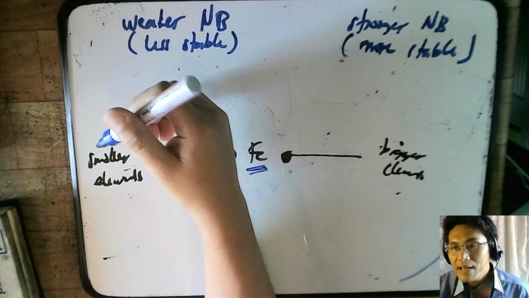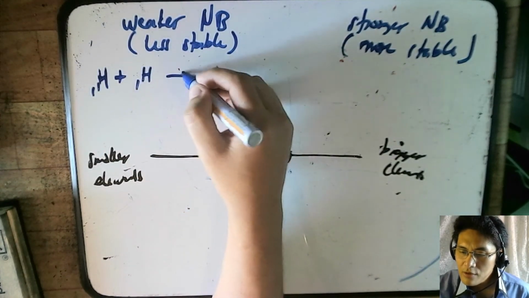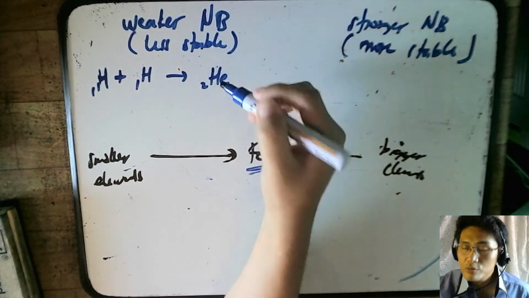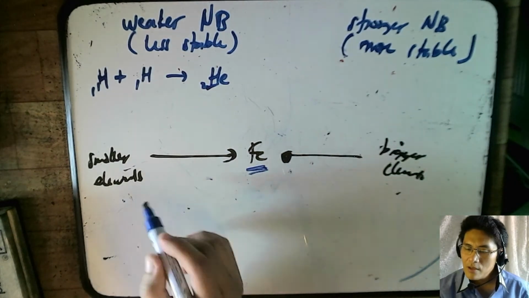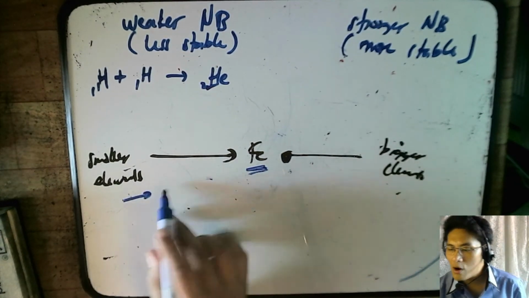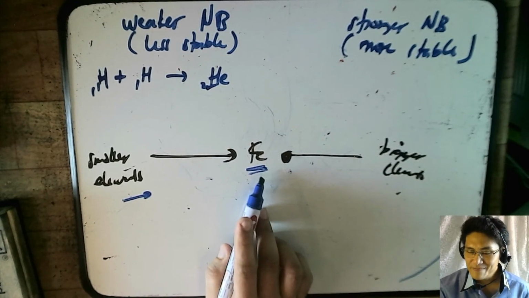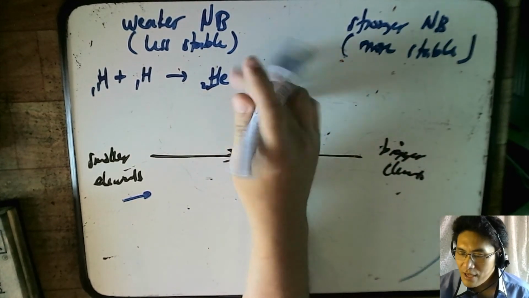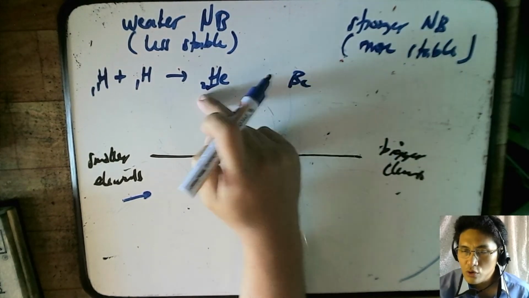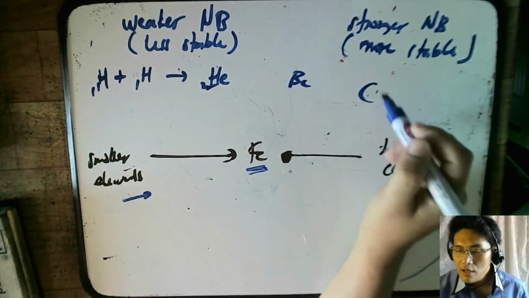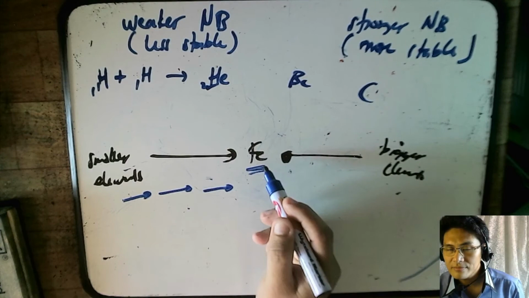We fuse elements like hydrogen and hydrogen, hydrogen 1, fuse that, you make helium 2. 2 is bigger than hydrogen, so at least you have kind of drifted towards iron. Okay? And then you get helium and helium, you fuse them, you get beryllium, beryllium and helium, 4 and 2, you fuse them, you get carbon. So you traverse towards this iron path, right?